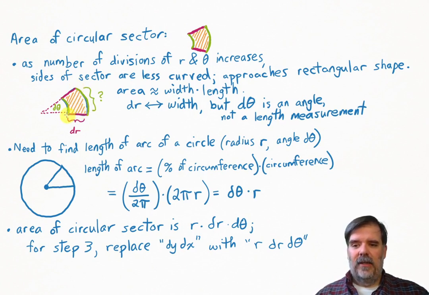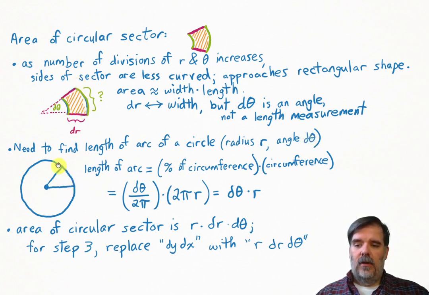To do that, it'll be the length of this side times the length of this side. So we need to find the length of this arc of a circle. Let's assume that the circle has radius r, and this arc passes through a total angle of d theta.